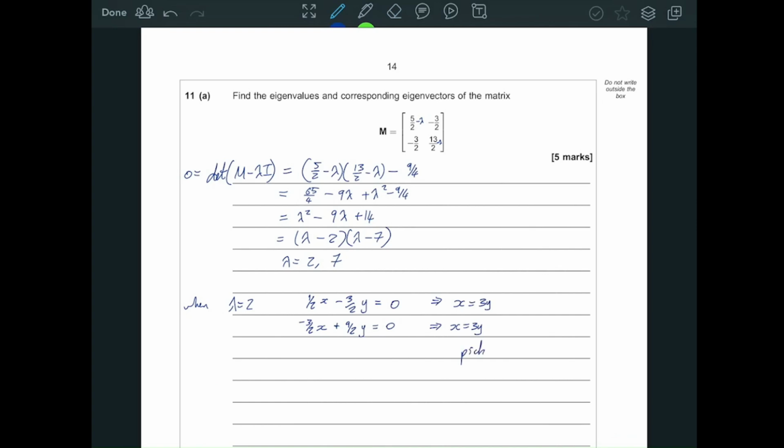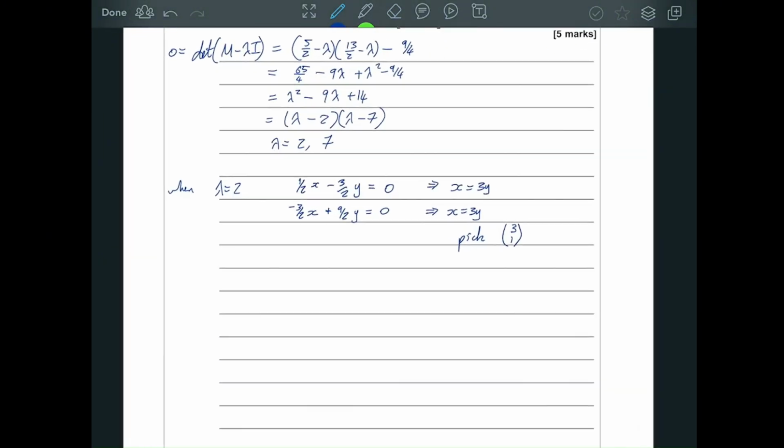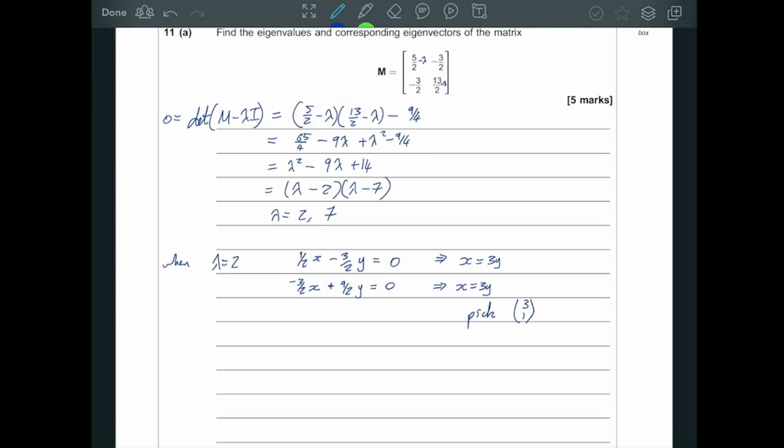So let's pick, if I choose x to be 3, y can be 1, and there's an eigenvector. Of course, any multiple of that would also be an eigenvector. We also need to do when lambda equals 7. When lambda equals 7, 5 over 2 minus 7 is negative 9 over 2x minus 3 over 2y.